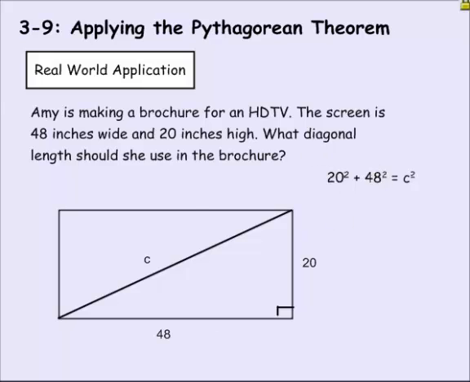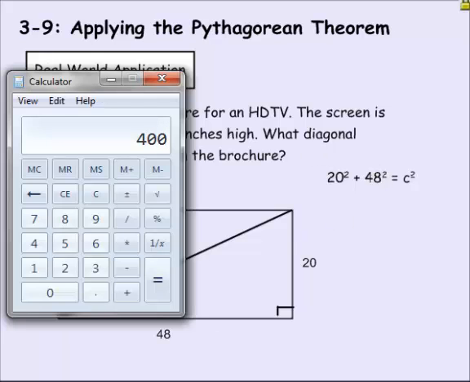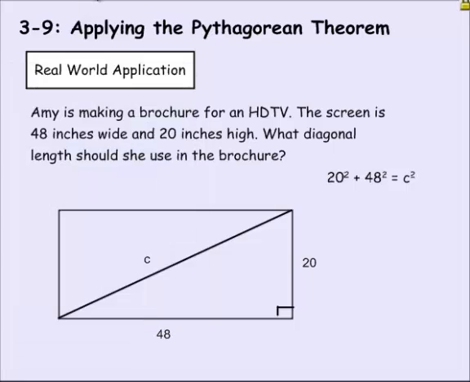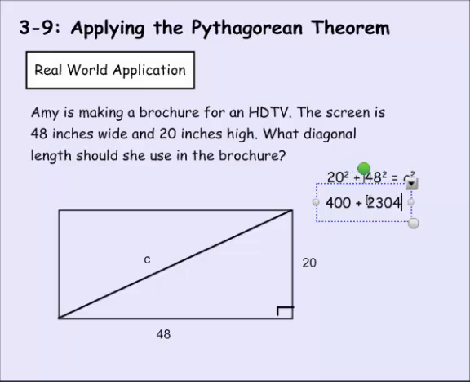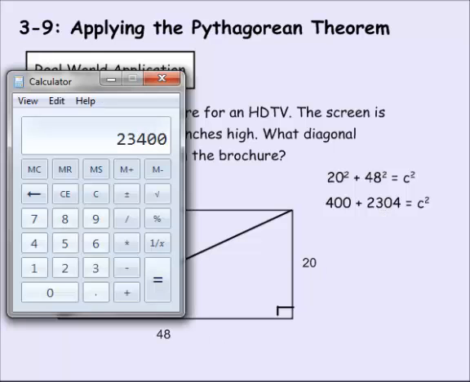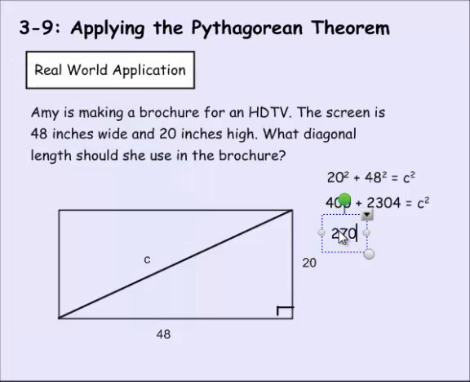So 20 squared, what is that? 20 times 20, that gives us 400. 400 plus 48 squared is 2304, and that equals C squared. 400 plus 2304, that's 2704, and that equals C squared.